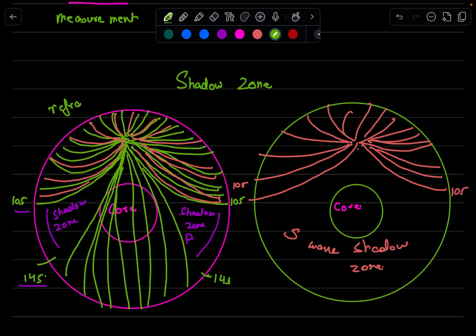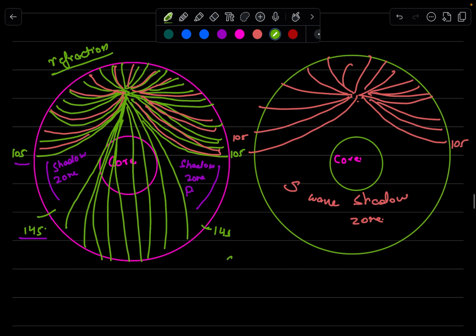This is a result of refraction, because the P waves are changing their mode, and when they change their mode, they get refracted just like light does. So we can say that the shadow zone of the S waves is larger than that of P waves. Keep this in mind. All right.